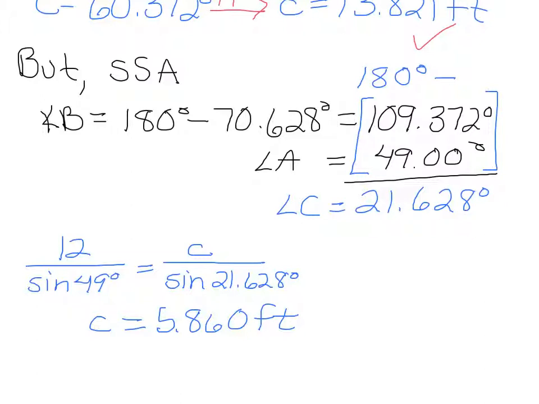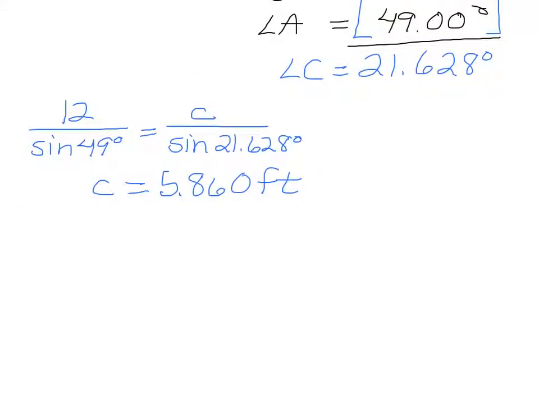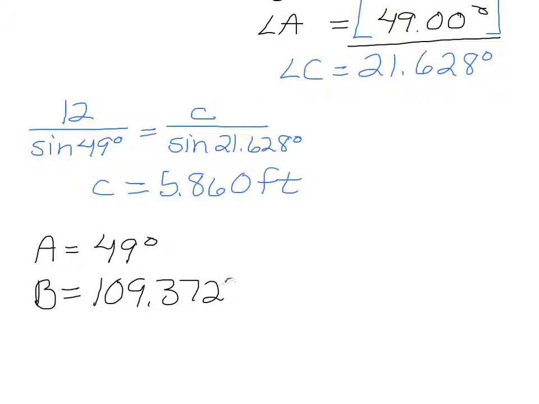Now we have to line everything up again and do a reasonableness check. Is this reasonable? Okay, line it all up again. I'll do this in black this time. Angle A, we were given, is 49 degrees, so that has to stay. Angle B this time we're saying is obtuse at 109.372 degrees, which forces angle C to be 21.628 degrees.